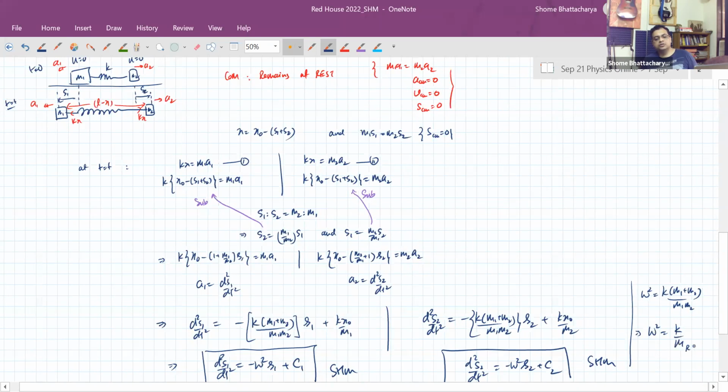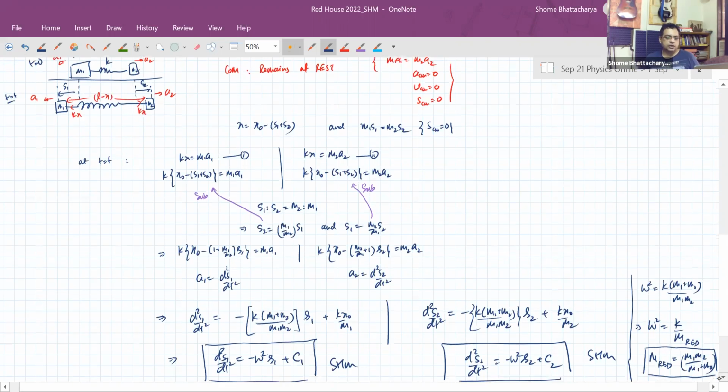It is something called reduced mass. The inertia of the system works in such a way that it has a reduced mass given by this term, m1 into m2 upon m1 plus m2.